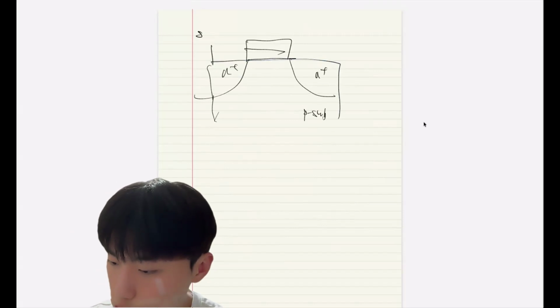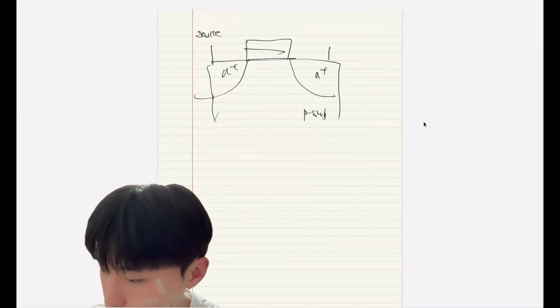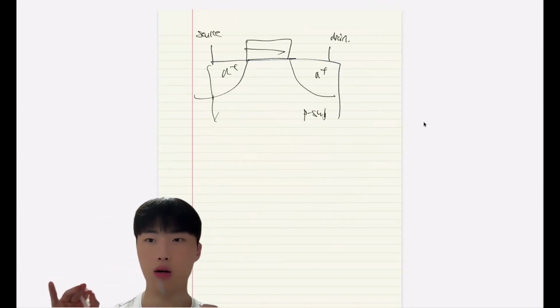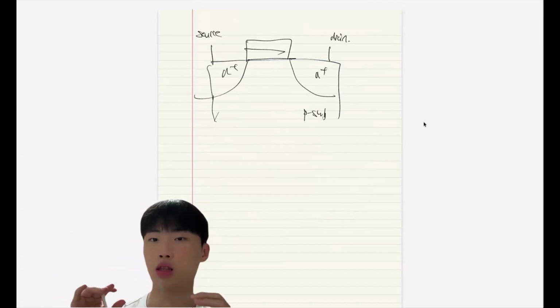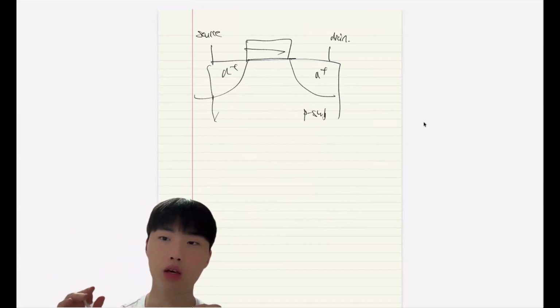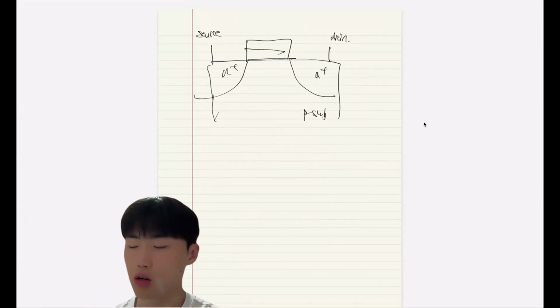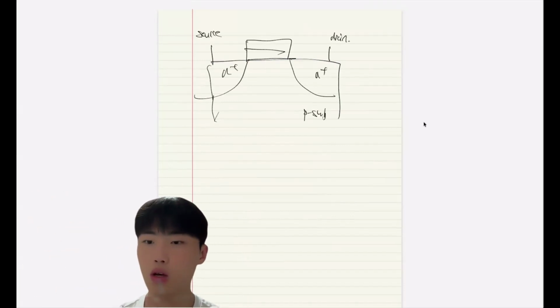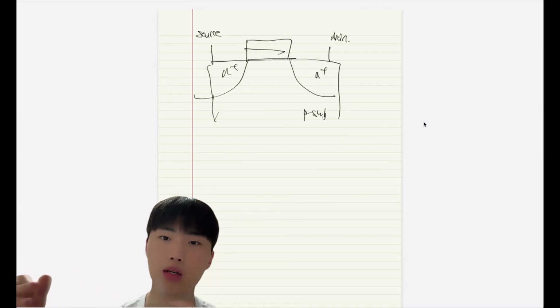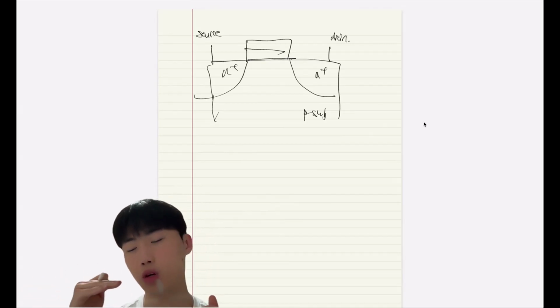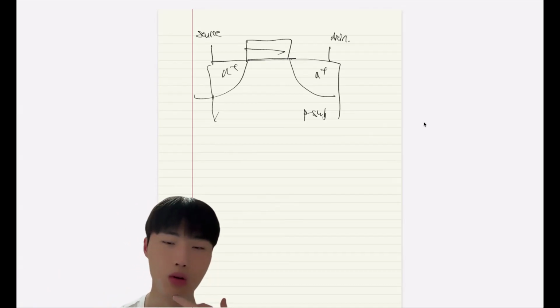So this is the source and this is the drain. When we have minus bias in the energy band diagram, the energy band goes up, but when we have plus bias, the energy band diagram goes lower.